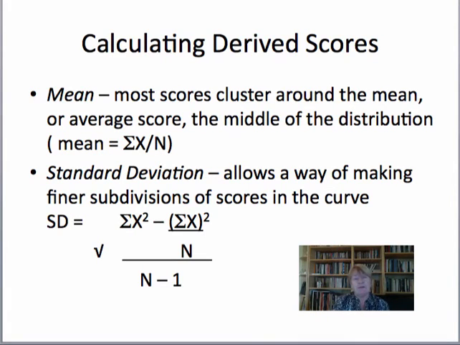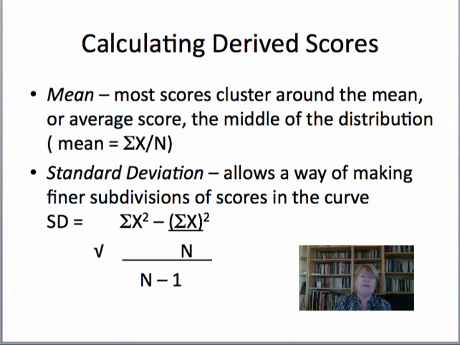And the next thing that we do looks a little bit more complicated, but there's actually no more symbols except for one than what we're already used to. So we have SD as the standard deviation is equal to, and you see that funny little sign that looks like a check mark? That's the symbol for square root. And if you remember, I asked you to have a calculator that has a square root button. That is the last function that we'll do when we solve this formula, but it's an important one.